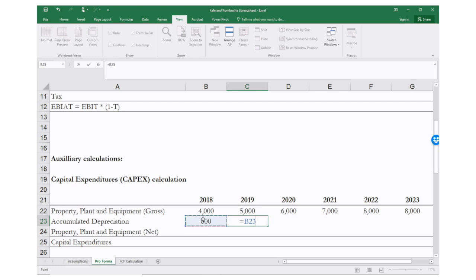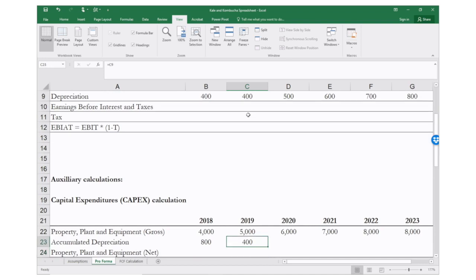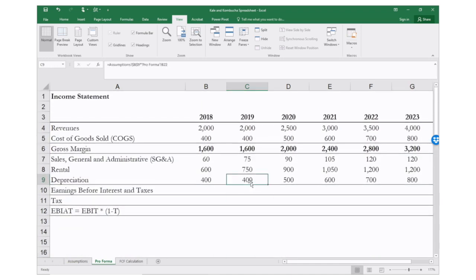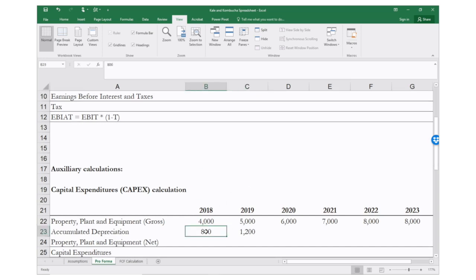I had whatever I had last year, plus the depreciation that I produced this year. So given that depreciation this year is $400,000, and I start out the year with $800,000, now I've accumulated a total of $1.2 million. This is now going to be the same formula going on and on and on.